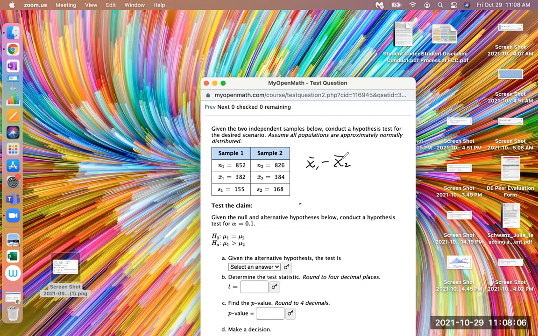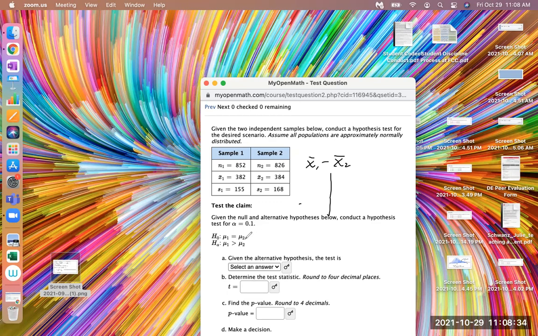So if, in truth, the sample mean of 1 is larger than that of 2, then we're going to get a positive answer here, which I hope is the case if we're trying to prove that the mean of the first population is larger than the mean of the second population.